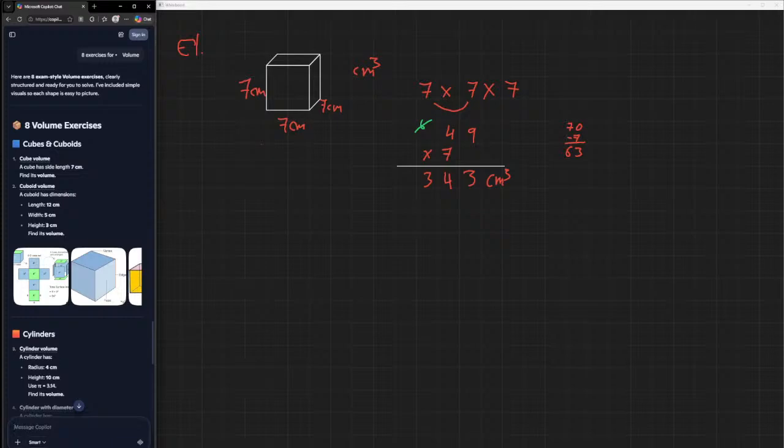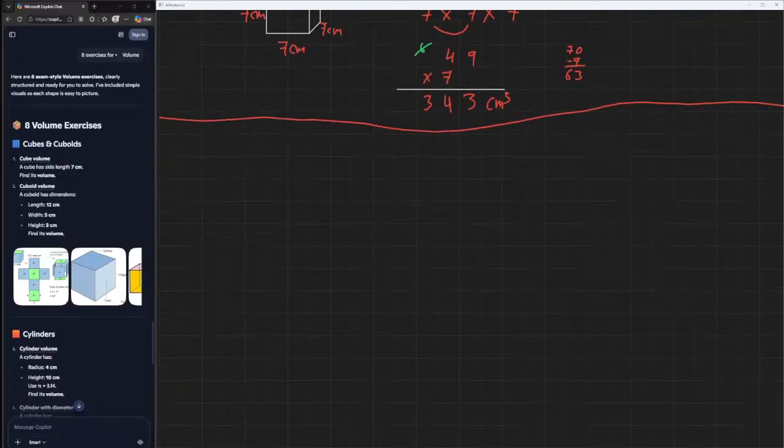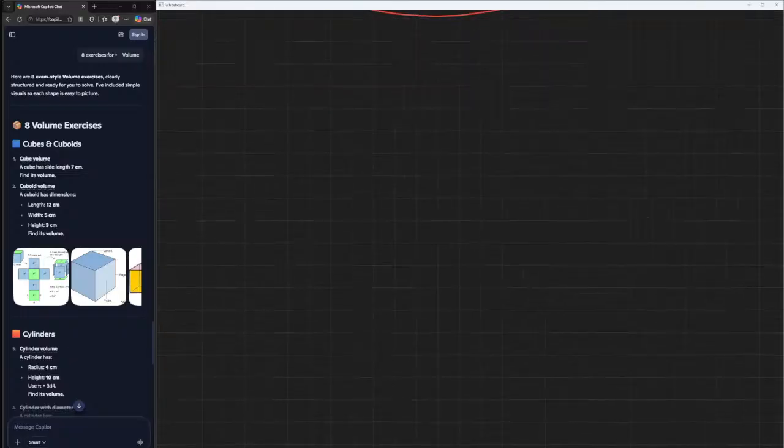Let's move on with question 2. A cuboid. So a cuboid is this one.